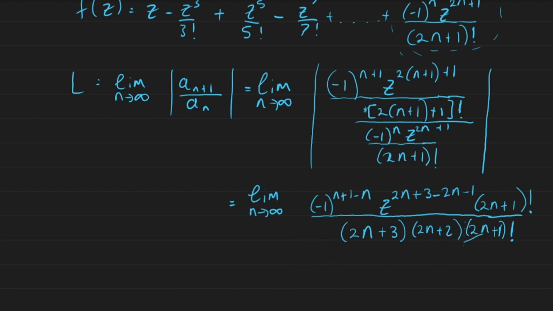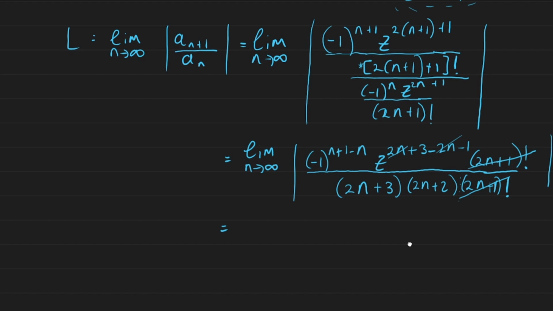What that means is that this term cancels out with that. And also what we're left with here, we're left with (-1) to the power 1, which is just meaningless because remember we're taking the absolute value here. And then we have 2n minus 2n cancel out, and then 3 minus 1 is 2. So we have z squared, 3 minus 1, giving us the 2. And in the denominator, we have 2n+3 and 2n+2.